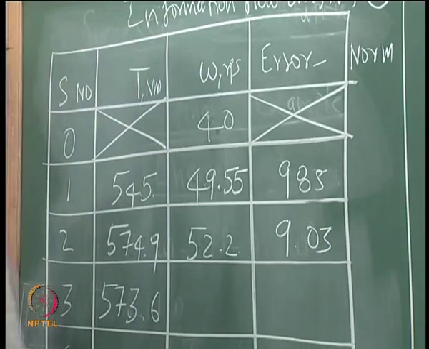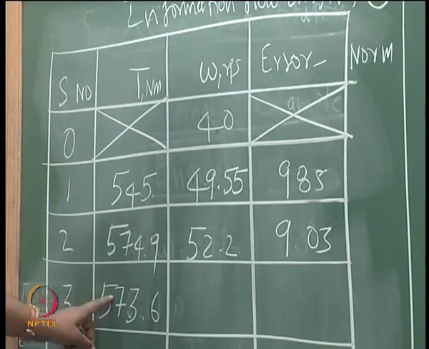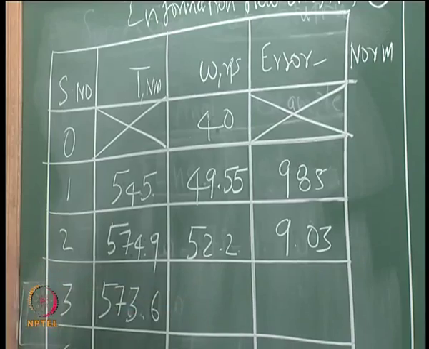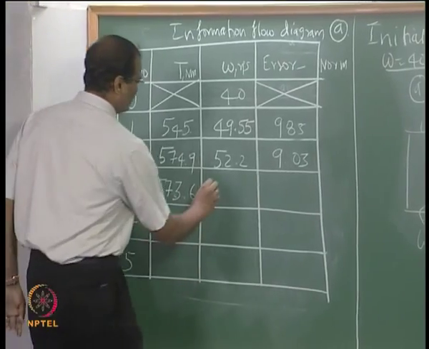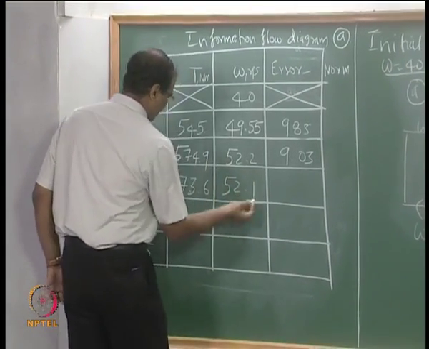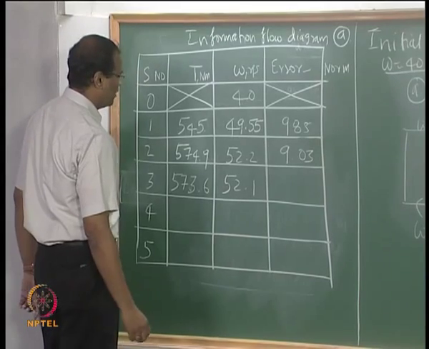Then you will do the same thing in the exam and then you will argue with me. Okay, 573.6 and this is 52.1. Now 573 point.